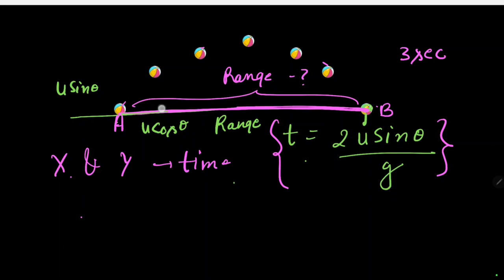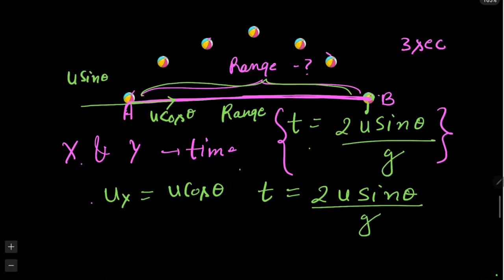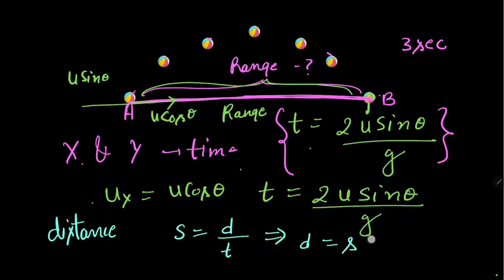Quite simple. I already know the velocity in the x-axis, which is u cos theta. And I know the time taken to go from here to here is the total time of the flight, which is 2u sine theta over g. What do I need? I need distance. I can simply use speed equals distance over time, so distance is speed times time, because the motion is not accelerated.